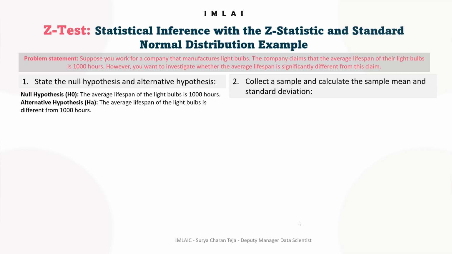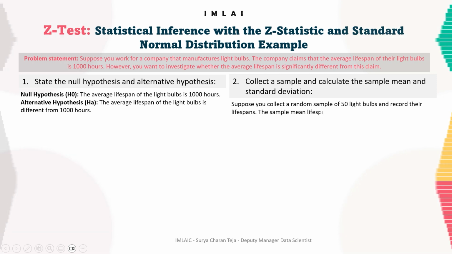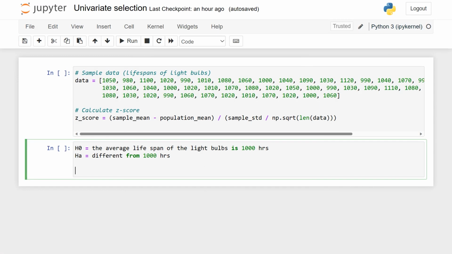The sample mean lifespan is calculated as 1050 hours. The sample standard deviation is 100 hours. So that's the information here. So for step two, let's get into the Jupyter notebook and try to do it.